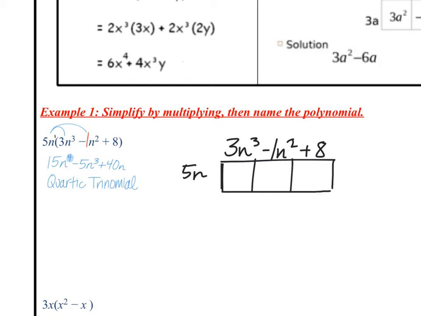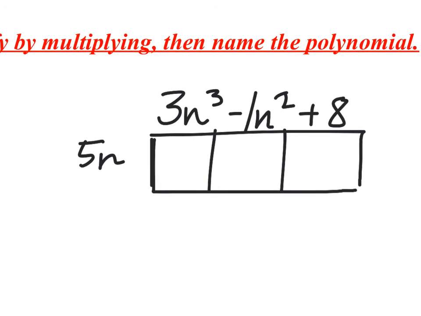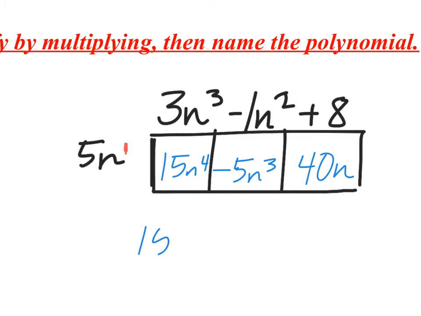This is what we did yesterday. And then if you multiply, remembering that this is a 1, you get the exact same thing. 15n to the 4th. Negative 5n cubed. 40n. And then if you put it all together, you have the exact same thing.